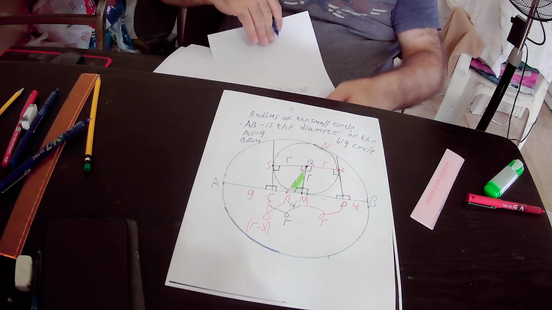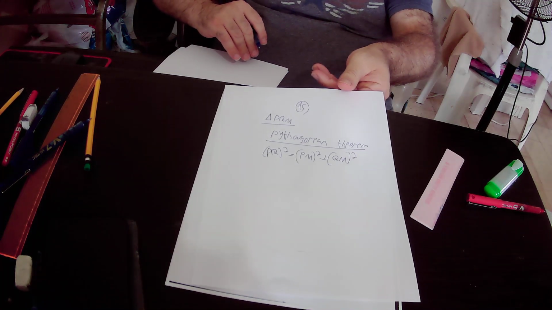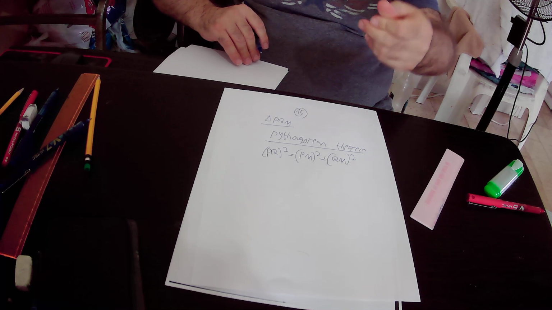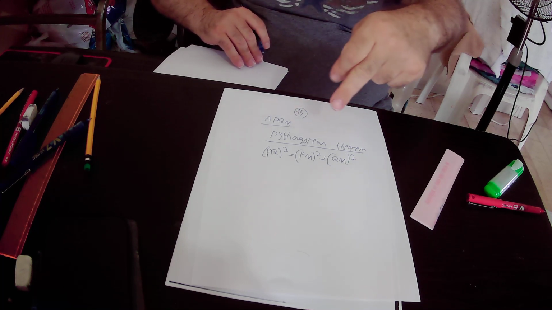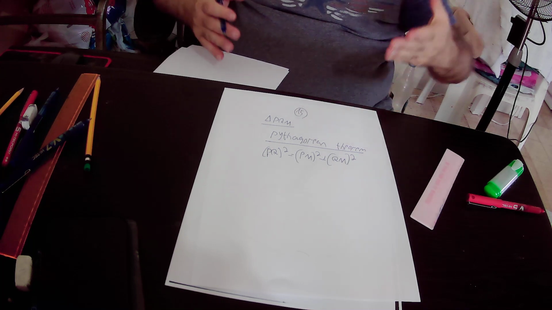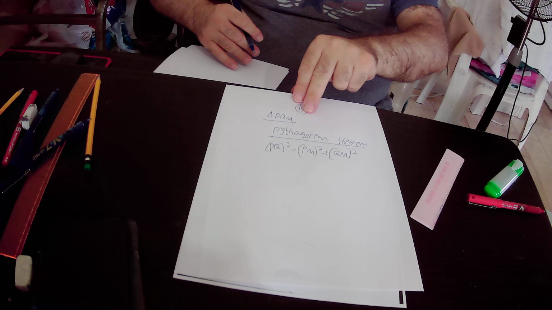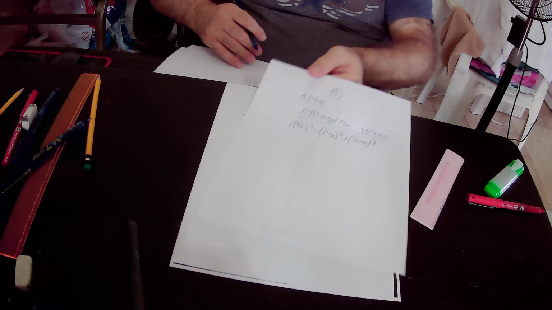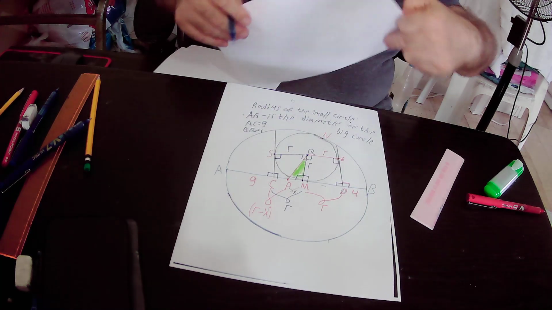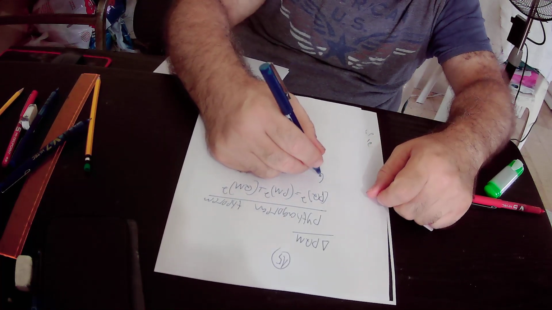So the implementation of the Pythagorean theorem in the right triangle QMP gives us that PQ square equals PM square plus QM square. But we know that PQ equals 6.5 units, so PQ square will be equal to 6.5 square.